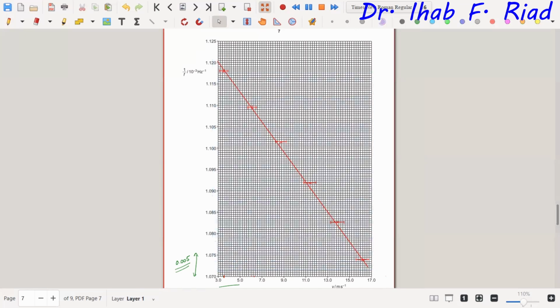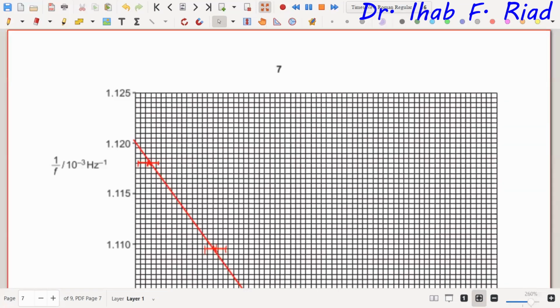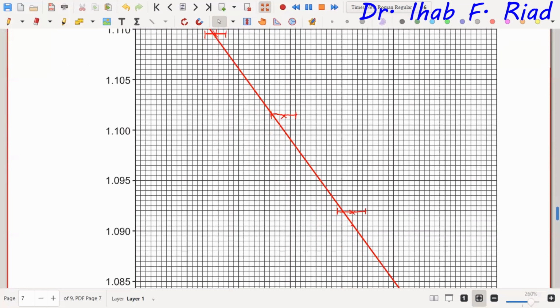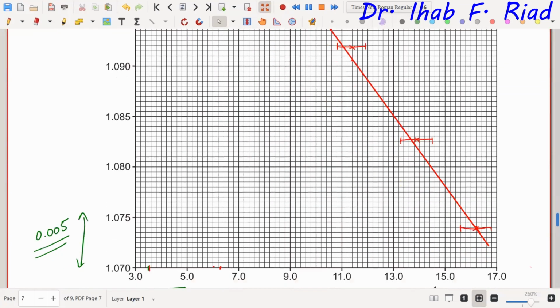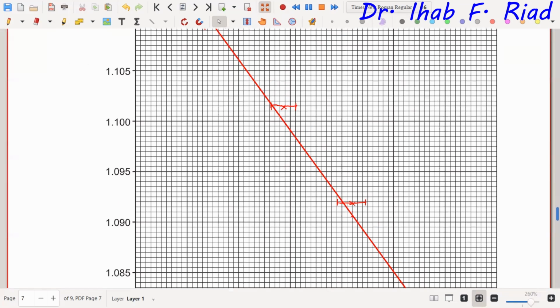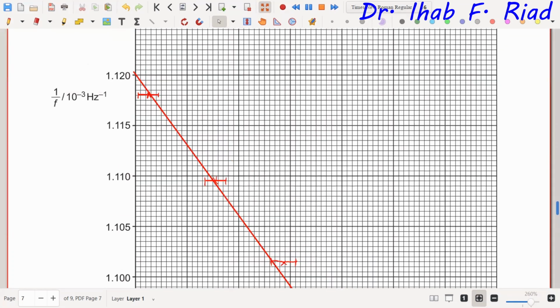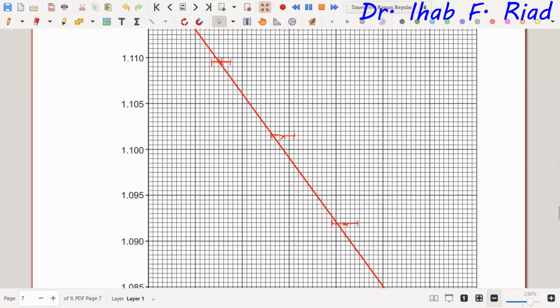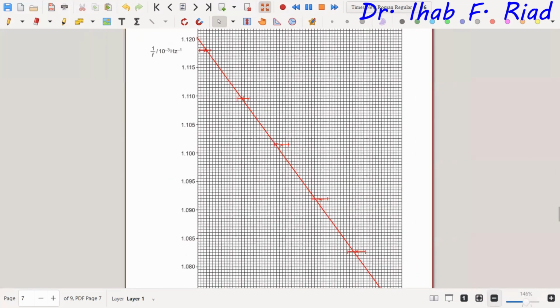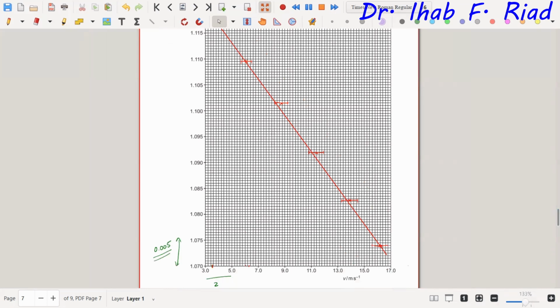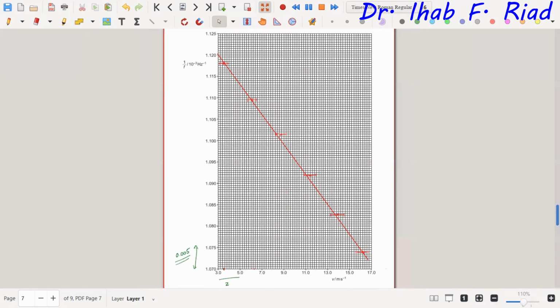So maybe this is a good line going through most of the centers of the data points. Okay.